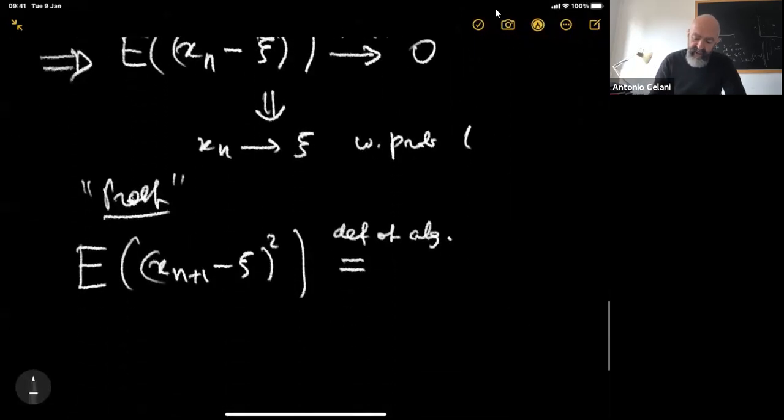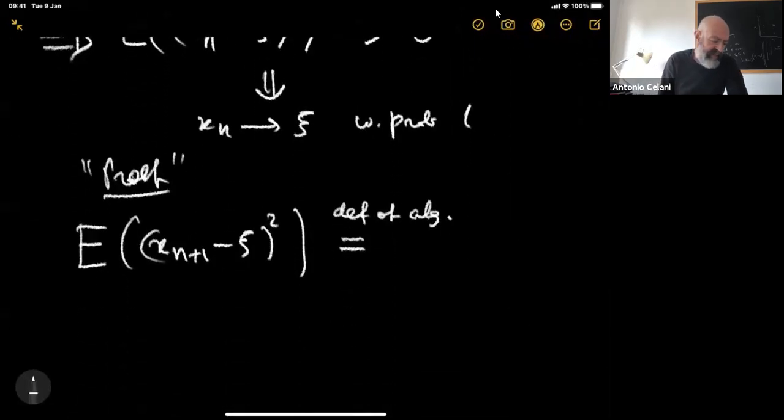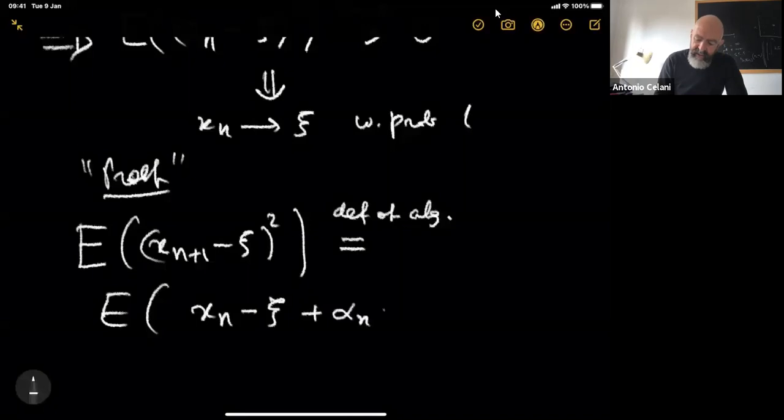By definition, it's equal to the expectation of xn minus psi, plus alpha n phi, which is my random estimate of the function, all of this squared. I've been doing nothing here, just replacing the definition of the new step in the previous step.